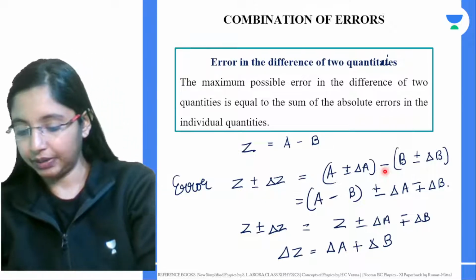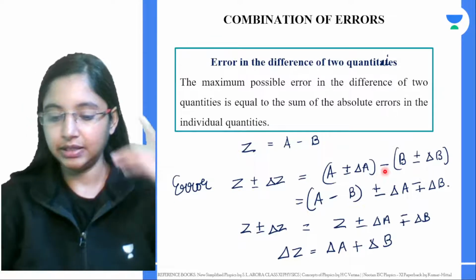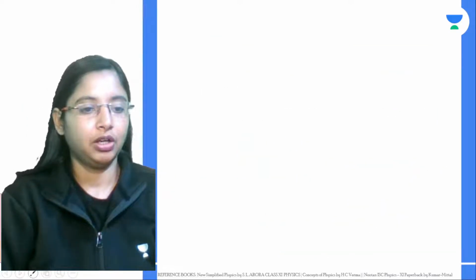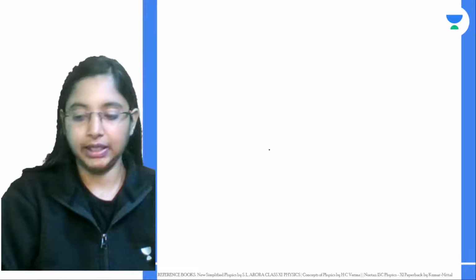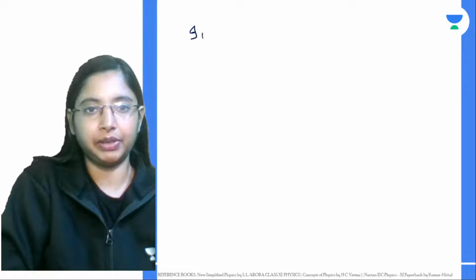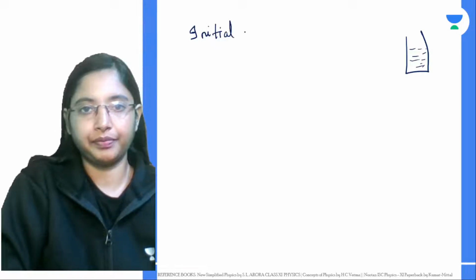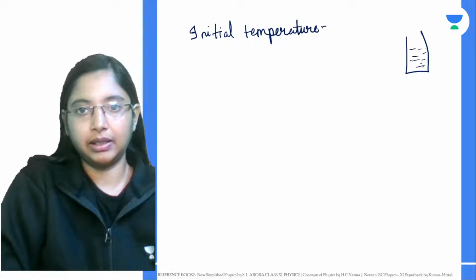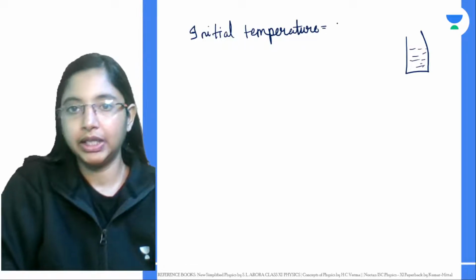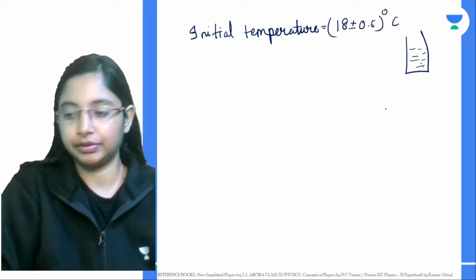Okay, for example, let's say there is a glass of water, and its initial temperature was around 18 plus or minus 0.5 degrees Celsius.